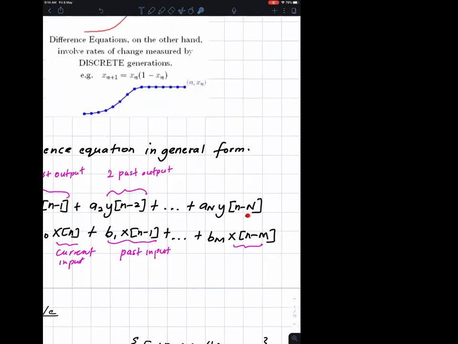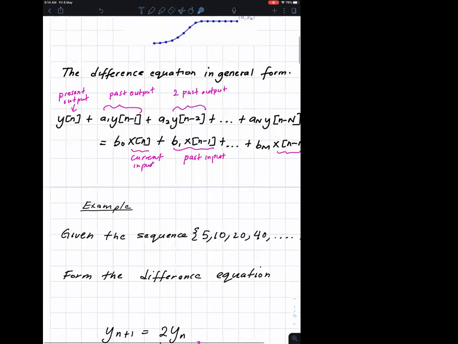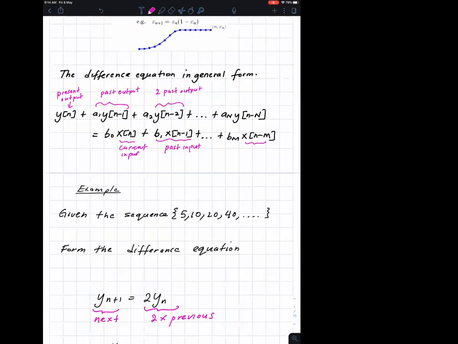Let's say these numbers can be a discrete sequence like this: 5, and then you have 10, 20, and 40, and so on. So you have a sequence of numbers.